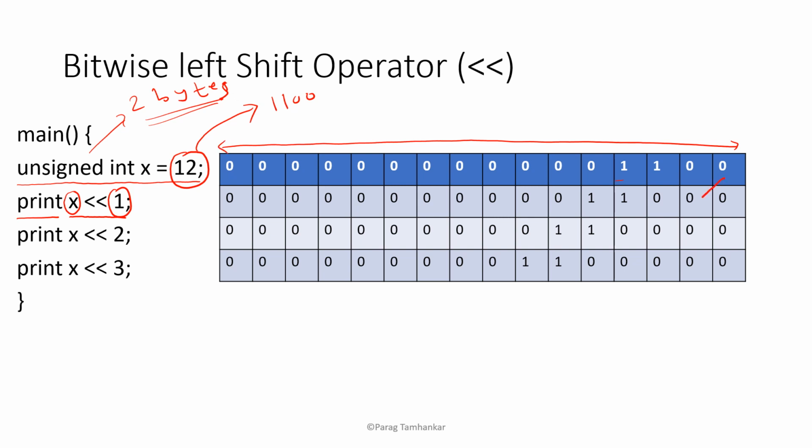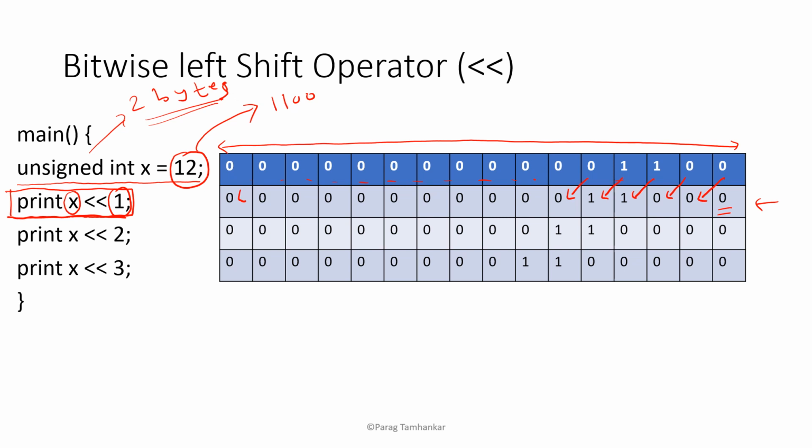You can see this bit will come over here, this bit comes over here, and so on all the way down the line. All these bits are shifted to the left by one position. Now there is a vacant position over here. This vacant position is filled by 0.